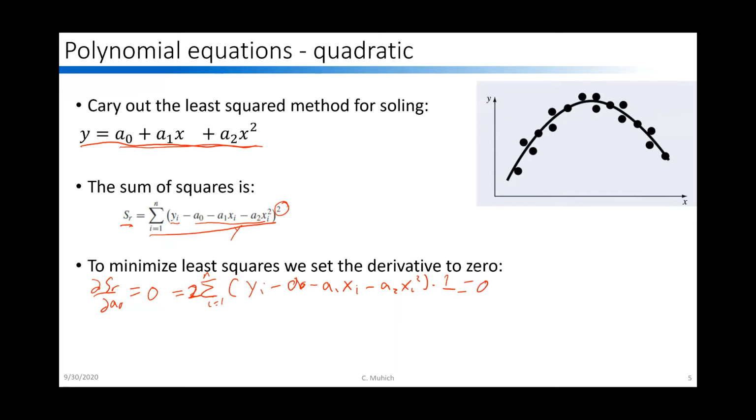equals 0. And we can continue this for each of my individual constants. So the outside's always going to be the same, right? Because I take that derivative of the outside. So I always end up with this yi minus a0 minus a1 xi minus a2 xi squared.